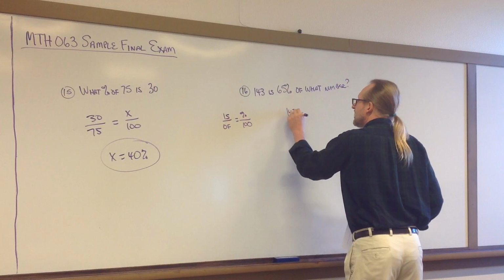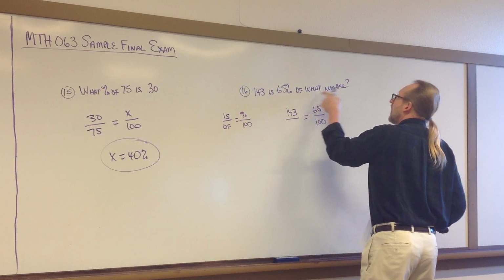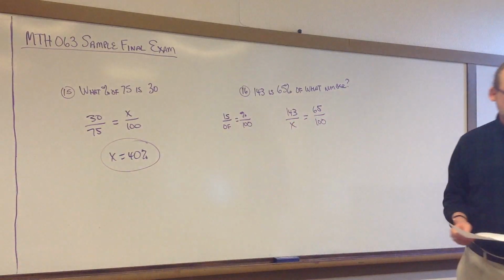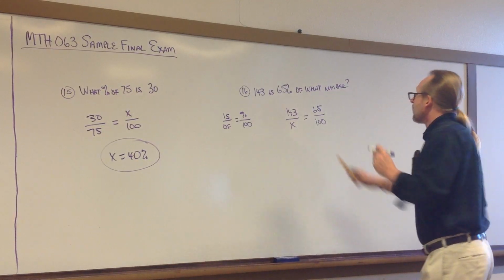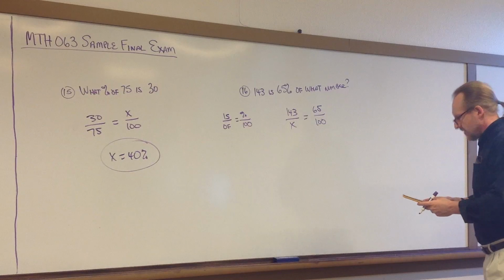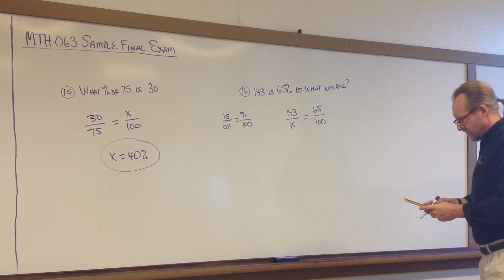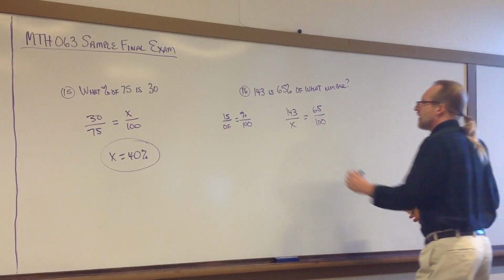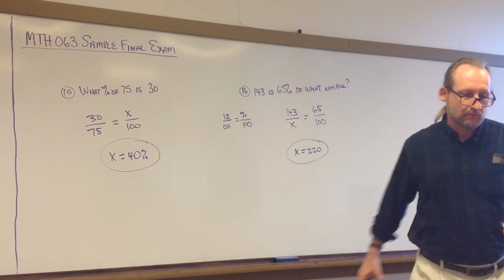Okay, 143 is 65% of what number? So, got everything filled in there. And let's see, I'm going to do 143 times 100, and then divide that by 65. Whoops. 143 times 100 divided by 65. 220. And there we go.